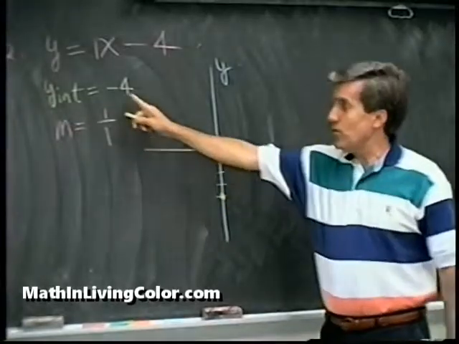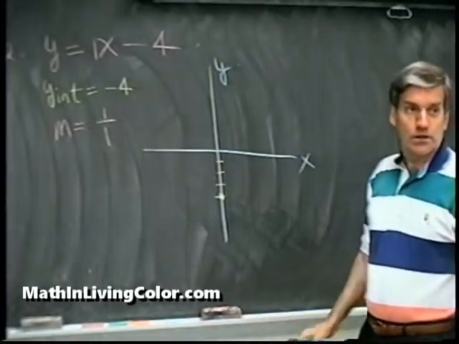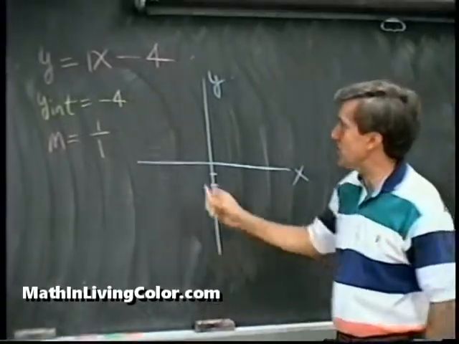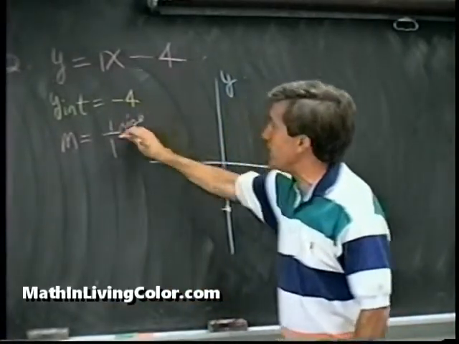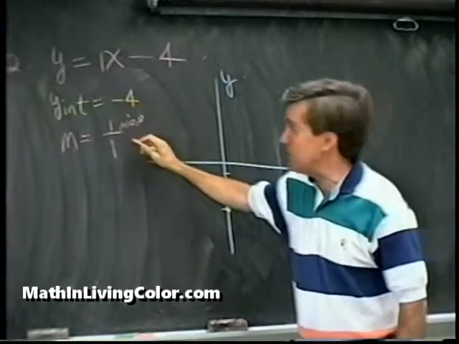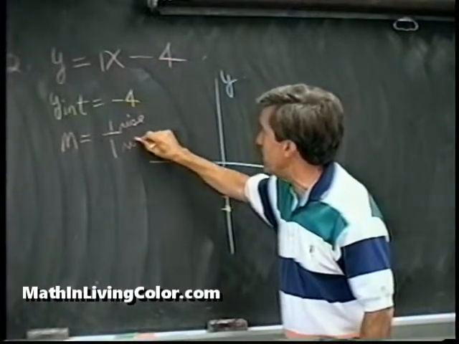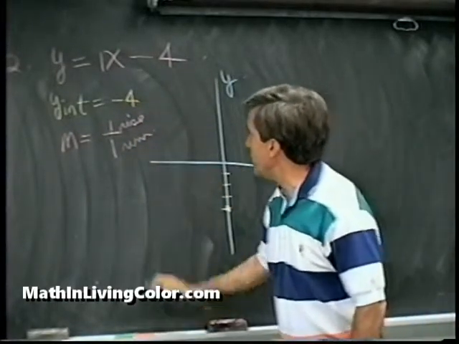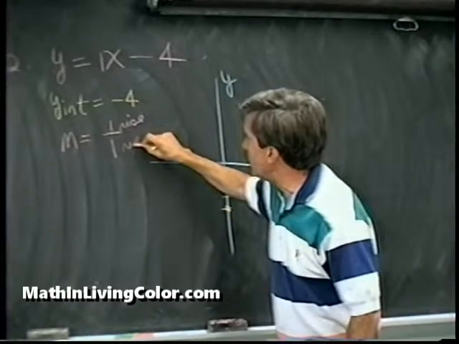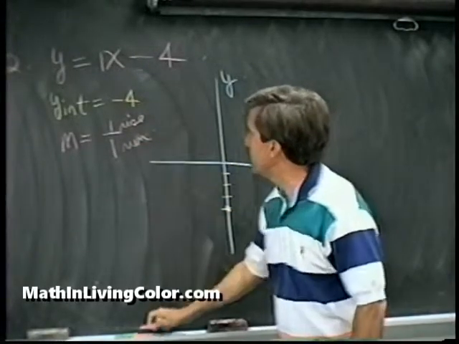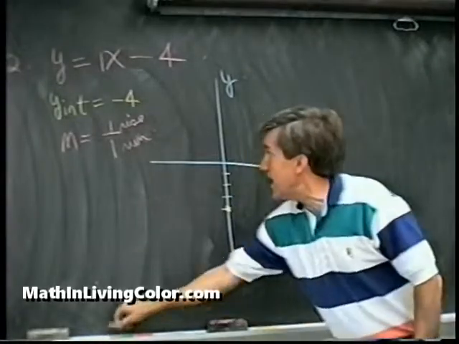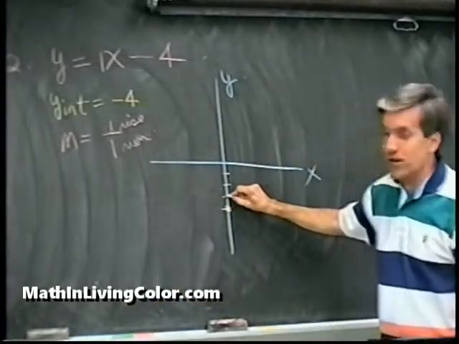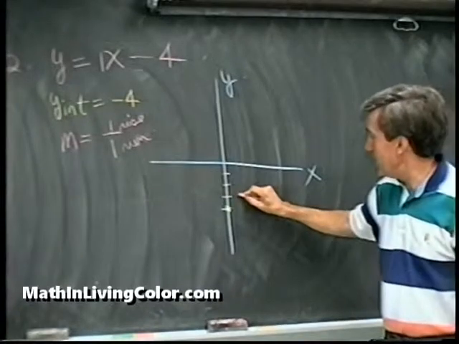And now, what about 1 over 1? What does that mean? What does the 1 represent? 1 means rise 1. The numerator number means rise, and the denominator number means run. So that's run, not rum. Sorry about that. All right, so we'll need to rise 1 and run 1.